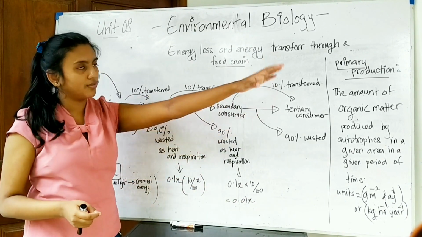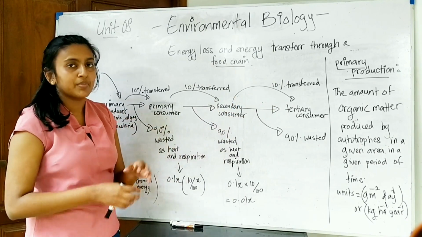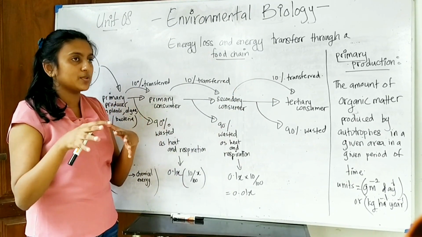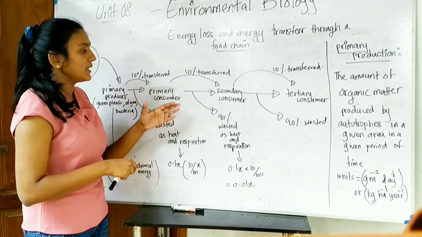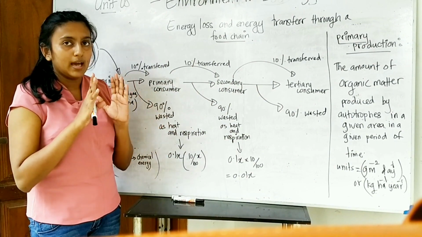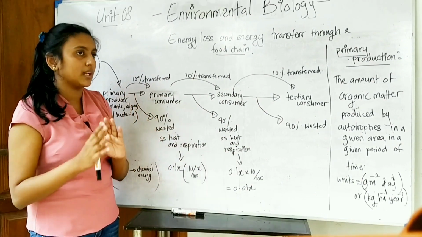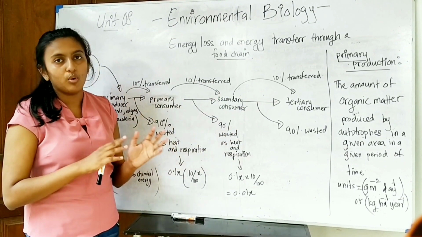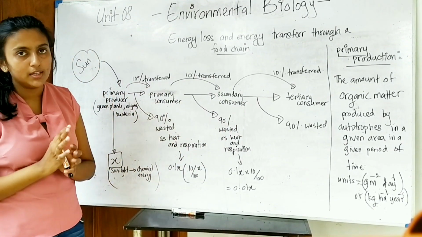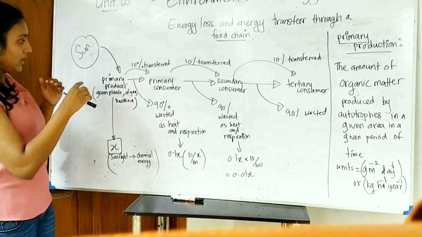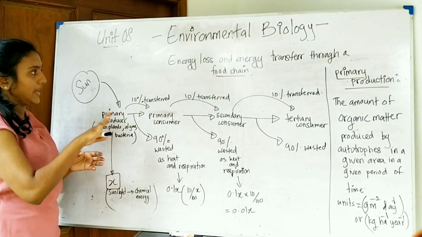Therefore, when moving forward, the number of links possible decreases. So the maximum number of trophic levels of a food chain is normally 4 or 5, and the minimum is normally 2. That is how energy transfer and energy loss occurs.